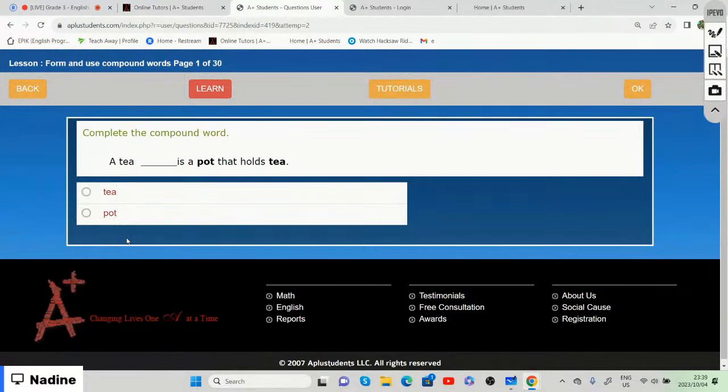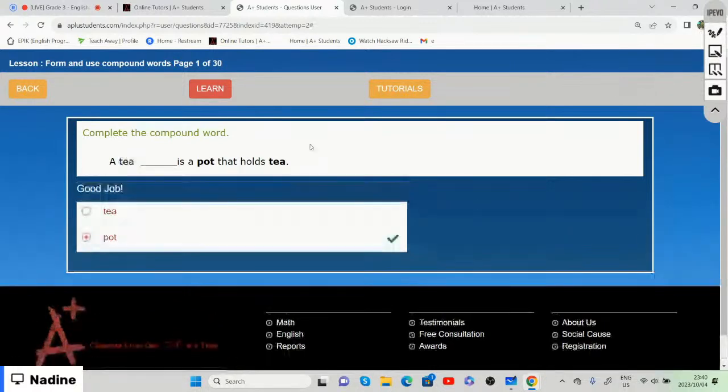And if we choose the correct word, yes, so basically it's a teapot, which means that tea plus pot is a teapot. So well done. Teapot is correct.